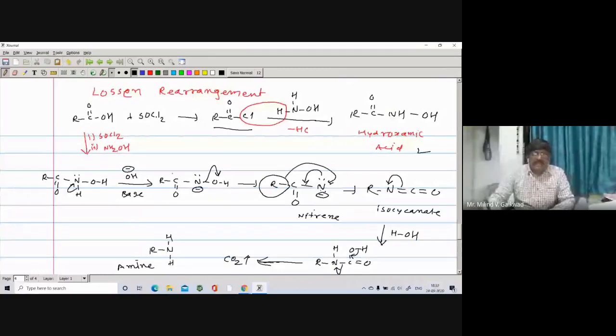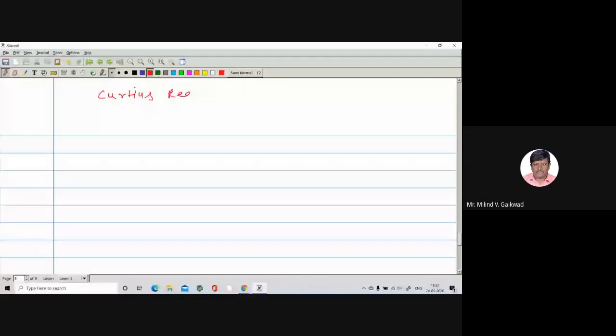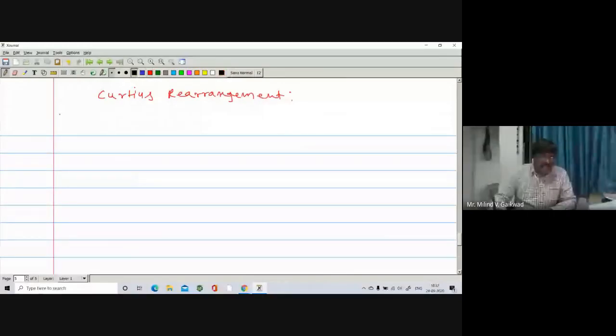Let us see the last reaction, the Curtius rearrangement reaction. In the Curtius rearrangement, what you have to see is that the starting compound is R C double bond O and N3, means acid azide.